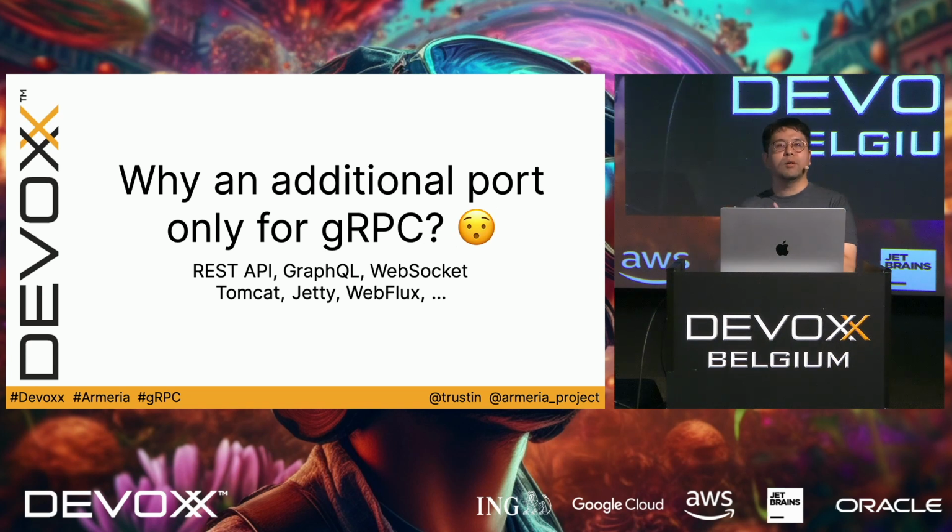Most gRPC server implementations require a dedicated TCP/IP port. You have to assign another port. So for example, for REST API you assigned 8080, and you must assign another port like 8081 for gRPC. I think this is an unnecessary implementation detail.